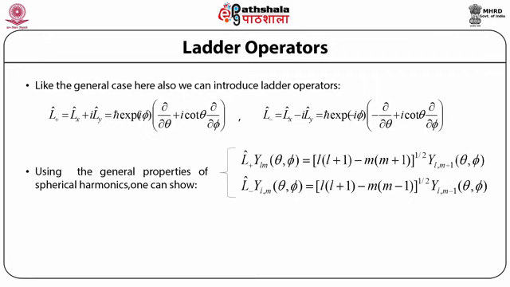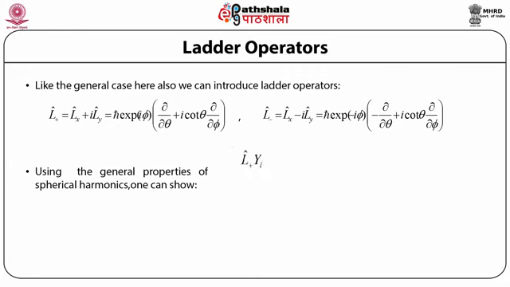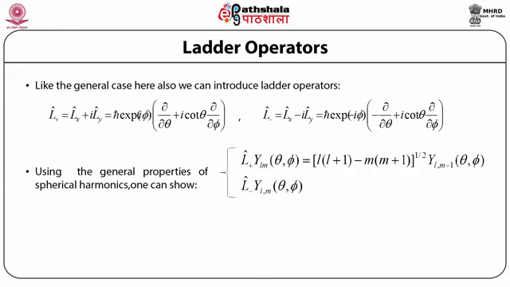So here we see that there is an increment in the value of M from M to M plus 1 when the operator L plus acts on the spherical harmonic, and the corresponding eigenvalue is given by bracket open L into L plus 1 minus M into M plus 1 bracket close to the power half.